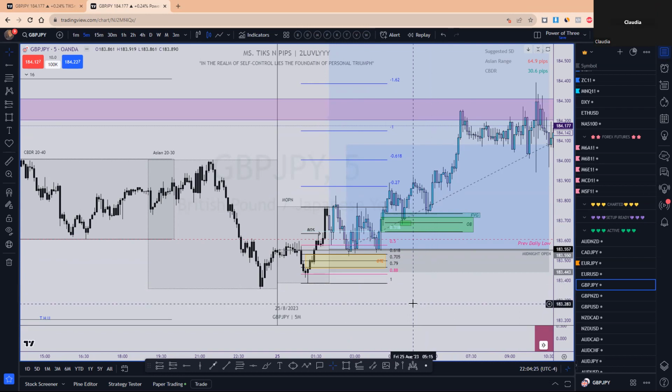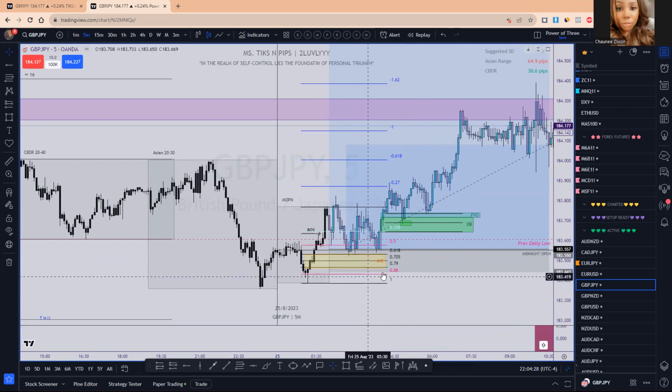I would prefer for you to find that first. But if you want to just use OTE in the general sense, like you want to mark out your swing high and then just look for OTE and then wait for price to dip into that area, you can do that too. But I think it is preferred for you to find your order block or fair value gap within the OTE area.